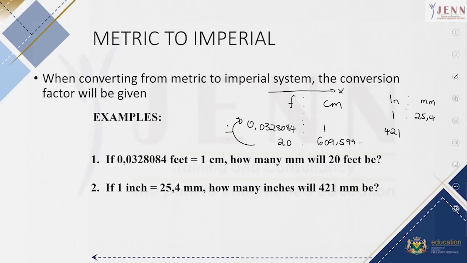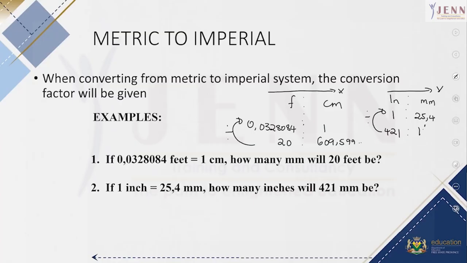421 divided by 1 is still 421. Then 421 multiplied by 25.4. The answer will be 421 divided by 1 multiplied by 25.4.